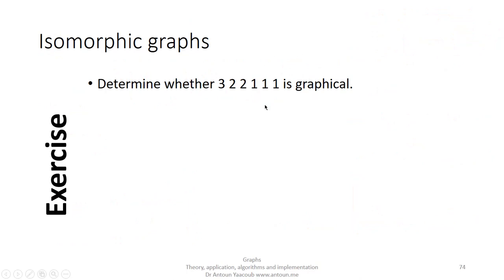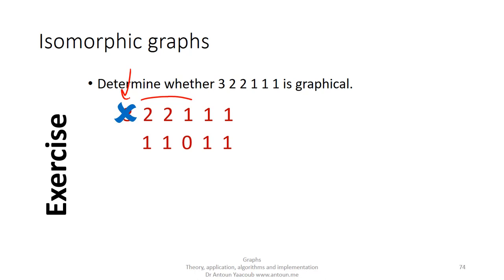So I have this sequence and I need to know if it's graphical, yes or no. I will start like this. I have the first number, I will delete it, and I will subtract 1 from the first 3 numbers. Why 3? Because it's equal to 3. So I will do 2 minus 1, 2 minus 1, and 1 minus 1. I will end with this sequence. This sequence is not a degree sequence because it's not in order.